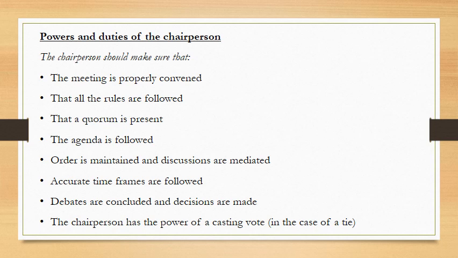They have the casting vote. So if there are 26 people in a meeting, and 13 voted for one thing and 13 voted against, the chairperson has that final vote to make the decision. Okay, so it's the chairperson. Very important.